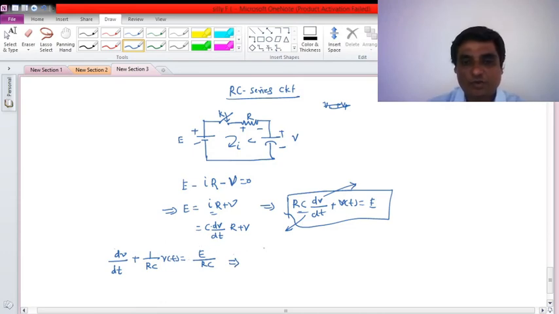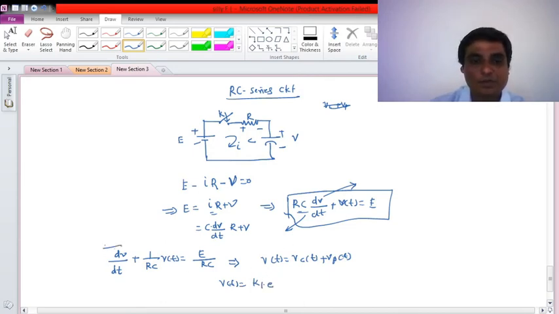So what is my forcing function? Forcing function is E by RC, and what is my total solution? V of t will be complementary solution plus particular solution, right? And what is my complementary solution? That is V of t will be K1 e raised to, now I would like to obtain my characteristic polynomial.